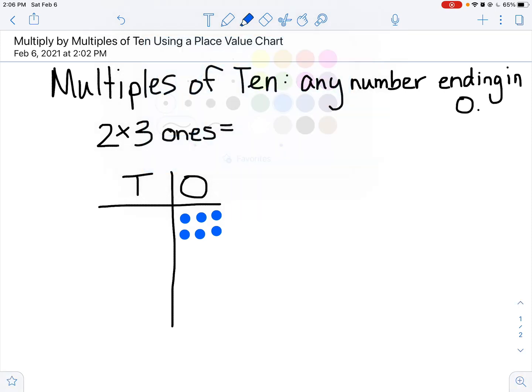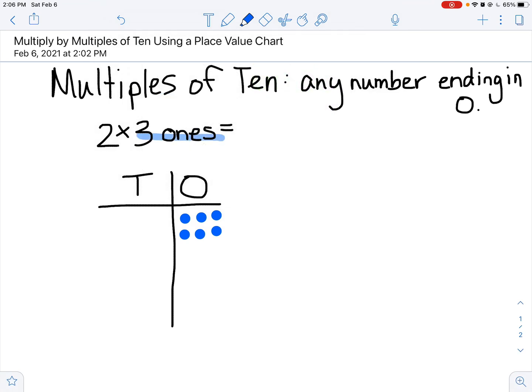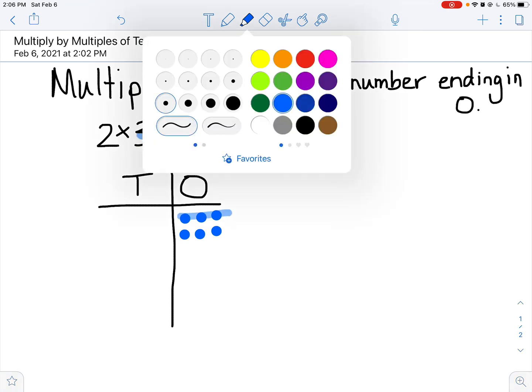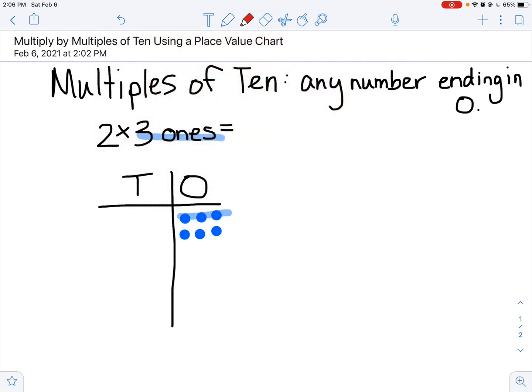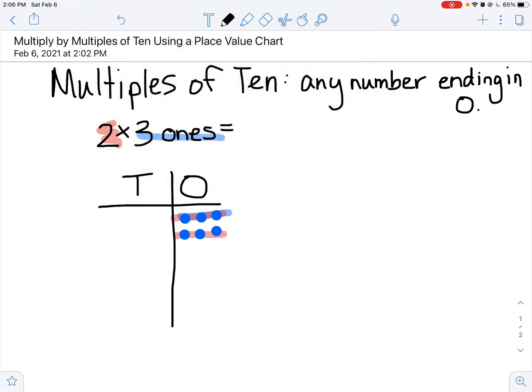So my 3 ones are right here, and the 2 times are my rows. I have 1, 2 rows. So 2 times 3 ones is a total of 6. I've got a total of 6 dots, right?